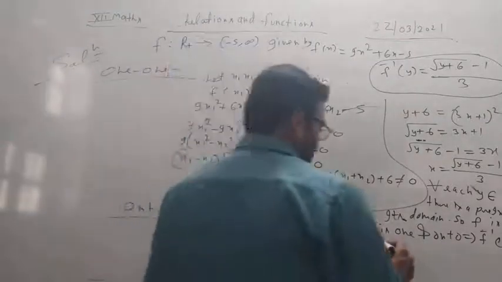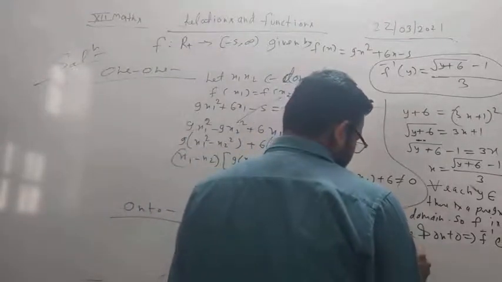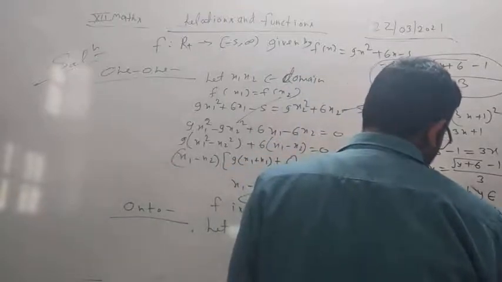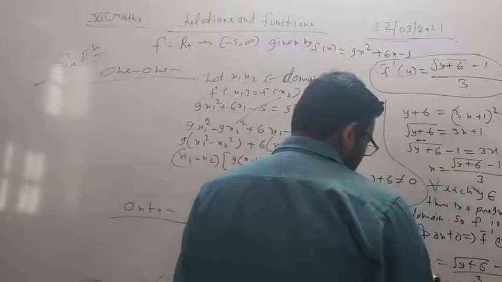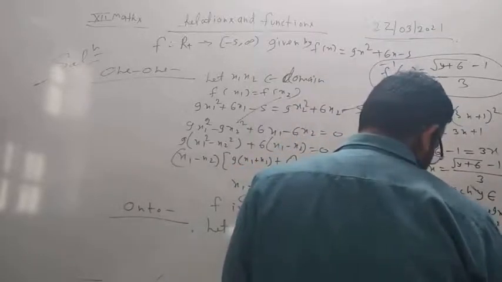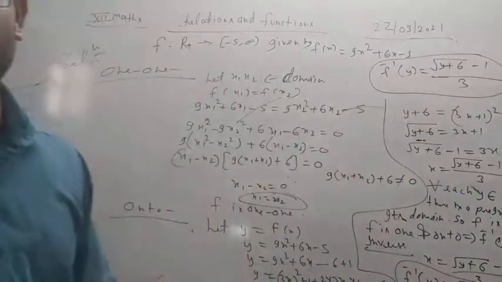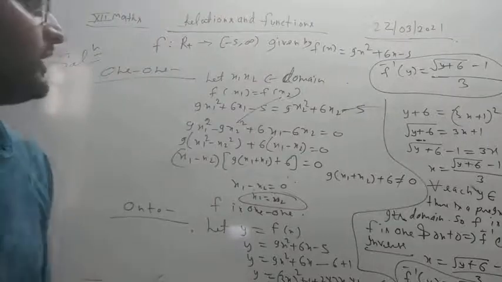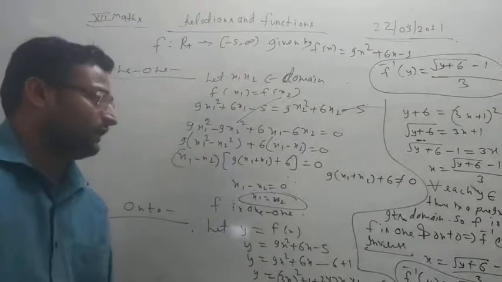So we write the inverse, which is x is equal to root of y plus 6 minus 1 by 3, and this can be written as, okay students, this is what we have to prove, because the inverse is this.